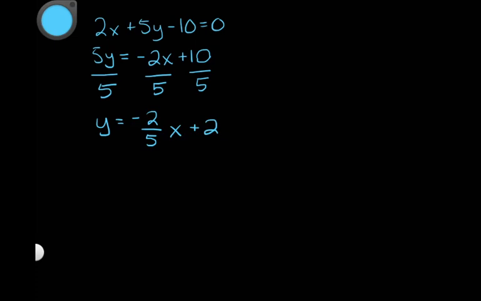The question said it has a slope perpendicular to this line. So if this is my slope of the original line, the perpendicular slope, oh, it's really lagging. Makes it hard to write.